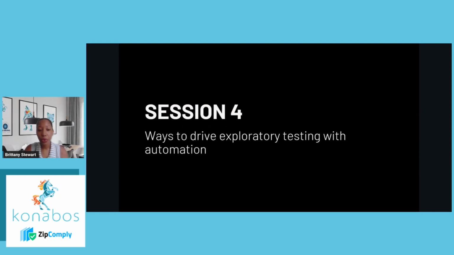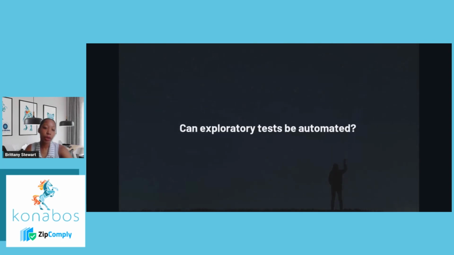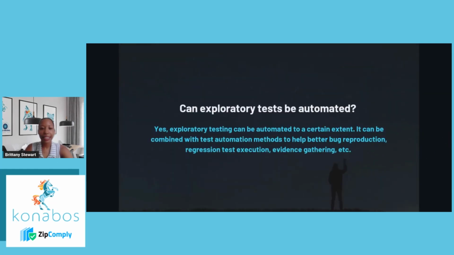Okay, session 4 has to do with automation and exploratory testing. There's been a lot of discussions around this one. And so I like to ask, can exploratory tests be automated? I do want more information on this. But in my experience, my answer is yes.